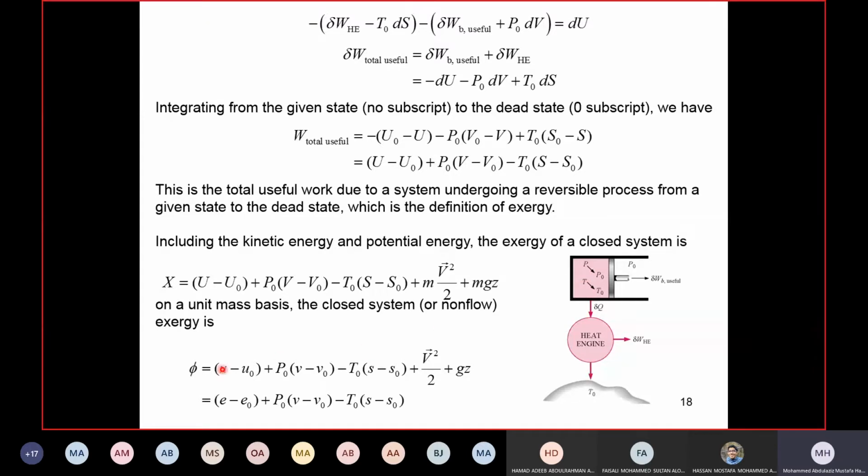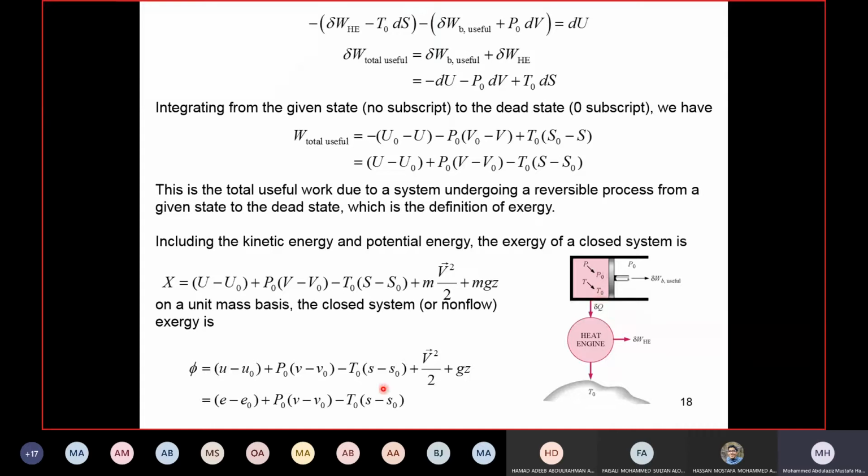How do you get this here? From the table. You know the pressure and temperature, you go to the table and you get U. So this is the internal energy of this system at state 1, which is P and T. Then what's U naught? U naught is the internal energy of this system when it goes to P naught and T naught.